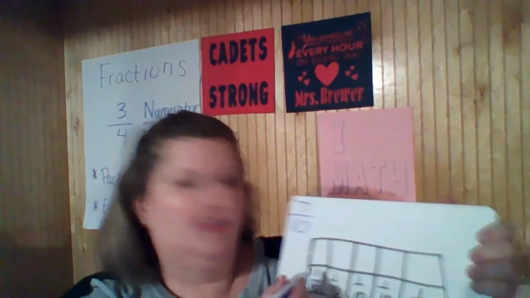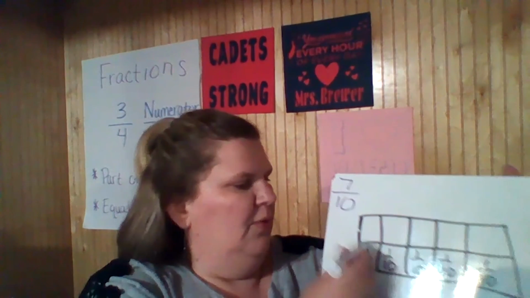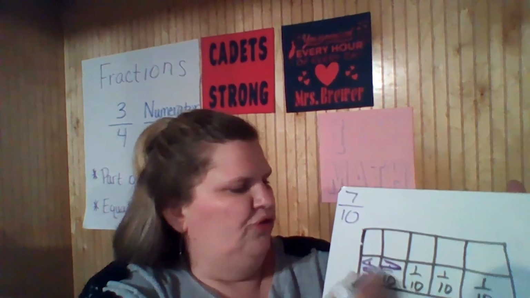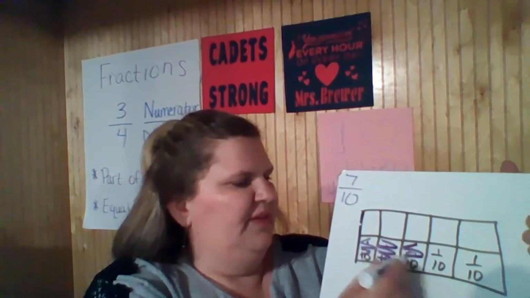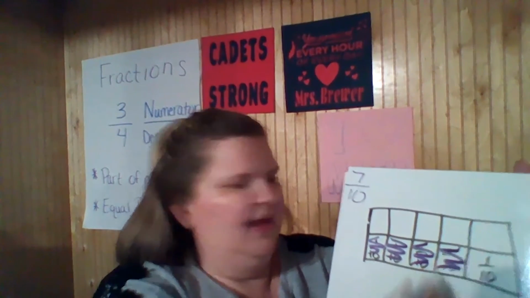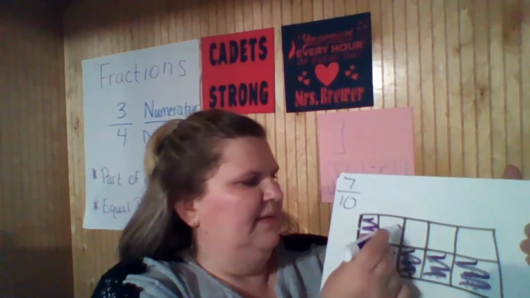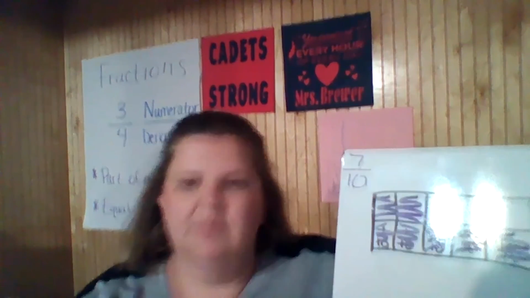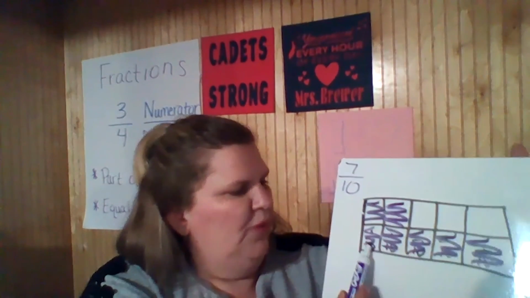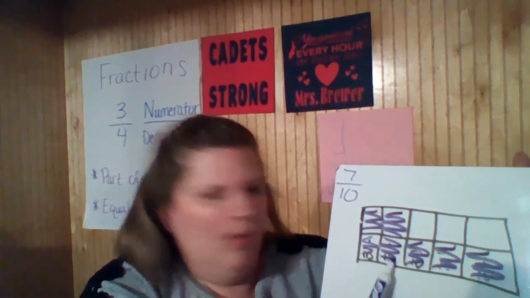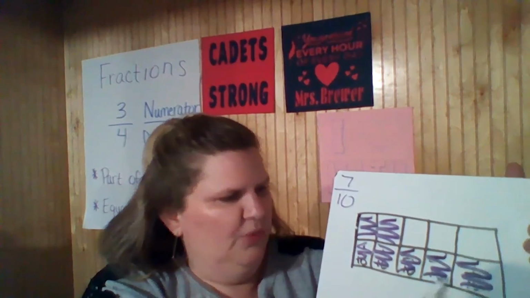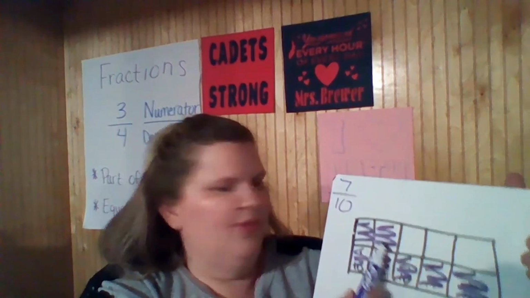So I'm going to shade, I'll watch, 1/10, 2/10, 3/10, 4/10, 5/10, 6/10, 7/10. Okay, so I know this is 1/10 plus 1/10 plus 1/10 plus 1/10, 1/10, 1/10, 1/10.